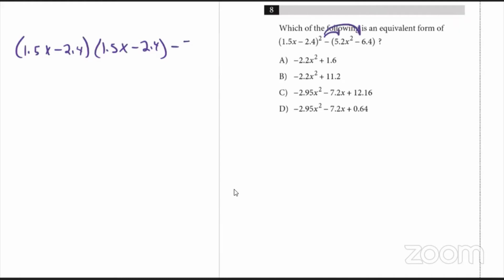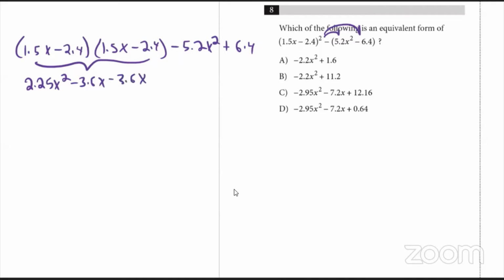So negative 5.2x squared plus 6.4. Now we're foiling this piece. First times first, 2.25 x squared. Outer times outer is negative 3.6x. Inner times inner is another negative 3.6x.